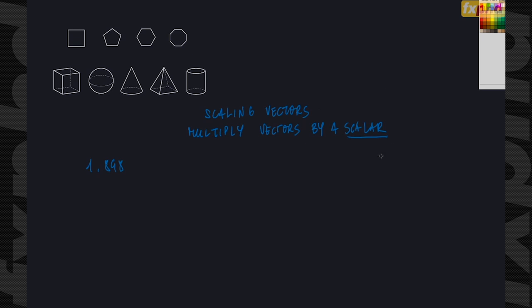And why is this? You see in a second, because scalars are used to scale vectors, and that's why they are called scalars. So basically the operation is, I have a vector, let's call this vector A, and I want to multiply it by the number B, and B is 0.5.